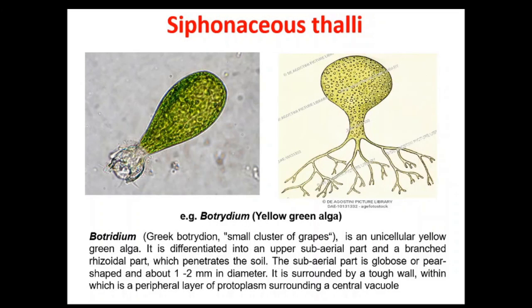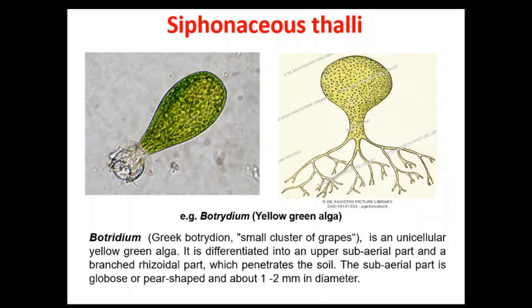The next example of the siphonaceous form is the alga Botrydium, which is also from the Xanthophyceae, that is yellow-green algae. Botrydium, named after the Greek word botrydion, meaning small cluster of grapes, is a unicellular yellow-green alga. It is differentiated into an upper subaerial part and a branched rhizoidal part which penetrates the soil. The subaerial part is globose or pear-shaped and measures 1 to 2 mm in diameter.